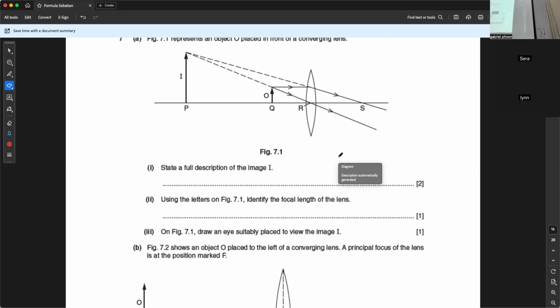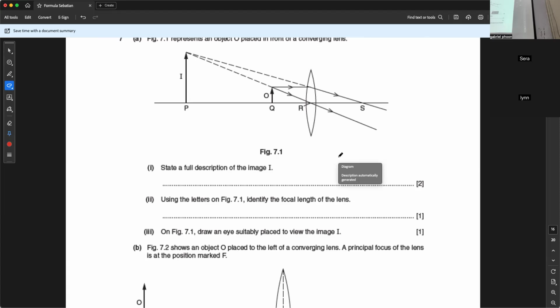R is the optical center, and this point here is called the focal point.